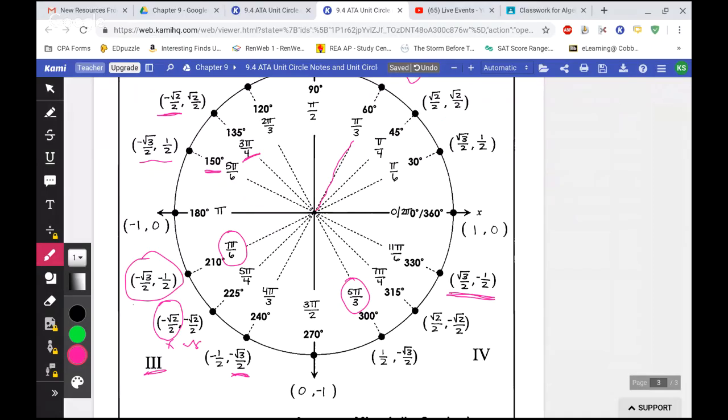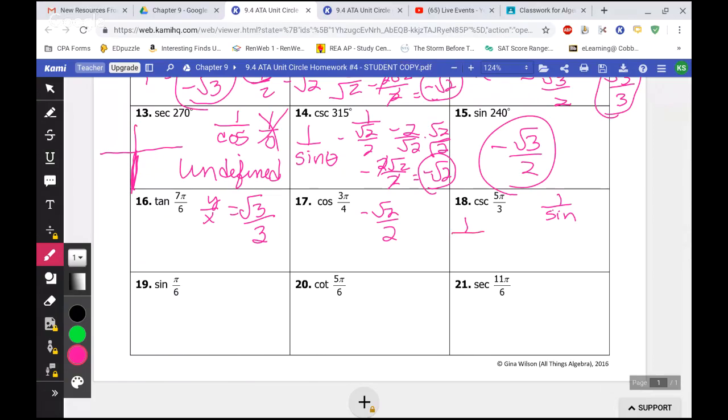And we're looking for cosecant, which is 1 over sine. So that means we're looking for the y value. So 1 over negative, because the y or sine is negative in quadrant 4, negative root 3 over 2.